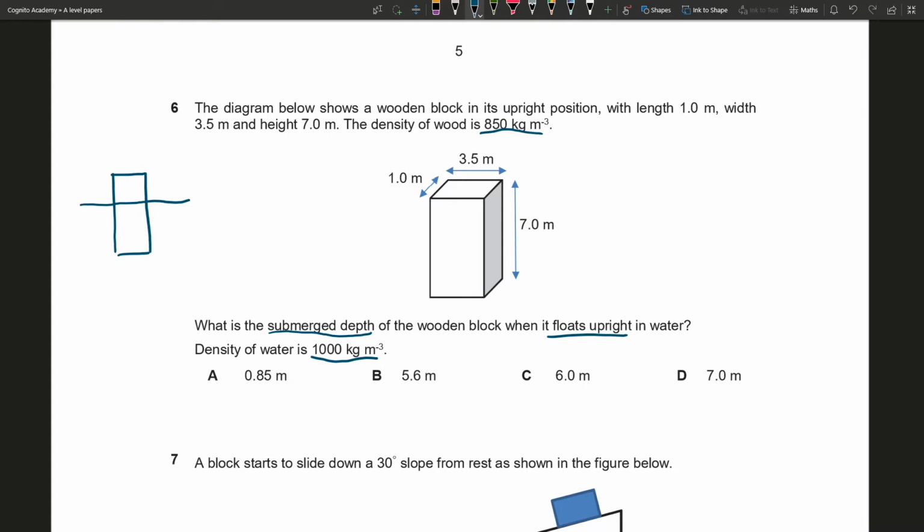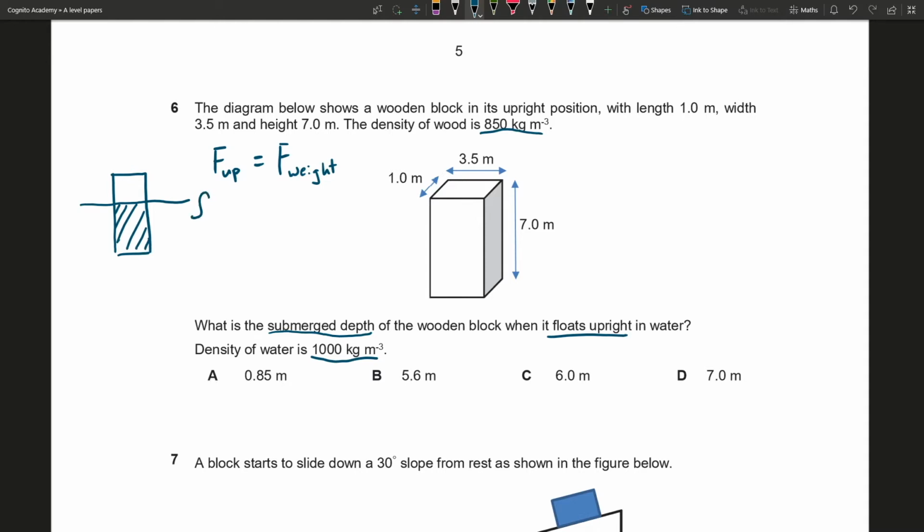and using Archimedes' principle, our buoyant force is equal to the weight of our block when it's in equilibrium, and Archimedes' principle tells us that our buoyant force is equal to the weight of the water displaced by the submerged part.